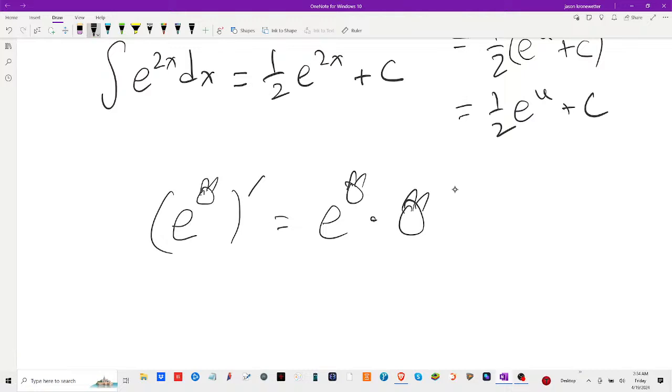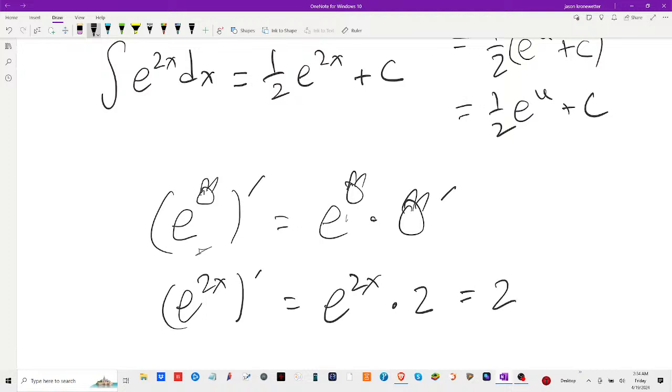In our case, the Mickey Mouse is 2x, so I have e to the 2x prime equals, here's my decoder ring, e to the Mickey Mouse back again, so I must get e to the 2x back again, and then I'm supposed to go times the Mickey Mouse prime. In this case, 2x is my Mickey Mouse, so the derivative of 2x is 2, so I get 2e to the 2x.